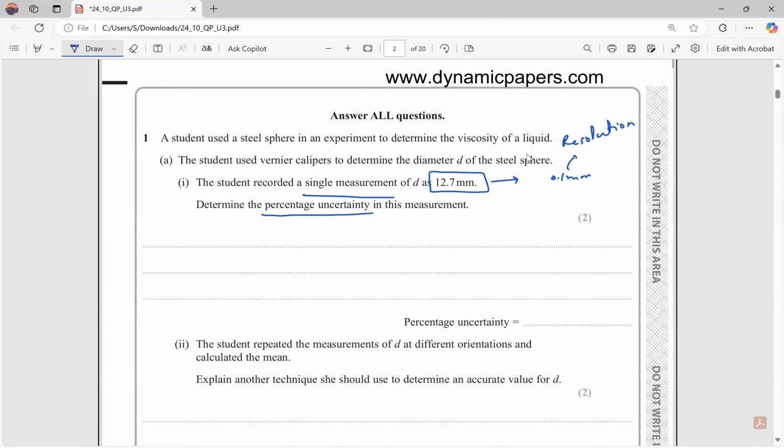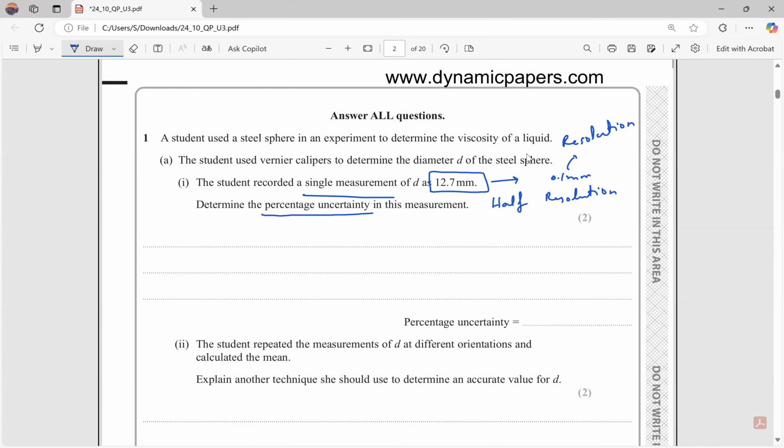Now, we are not going to use the resolution in our formula. Instead, we'll be using half of the resolution. Why? Because our device, like the vernier calipers, for any reading that it can measure, like if it's measuring 0.1 millimeters, it can be half of 0.1 ahead or behind 0.1.